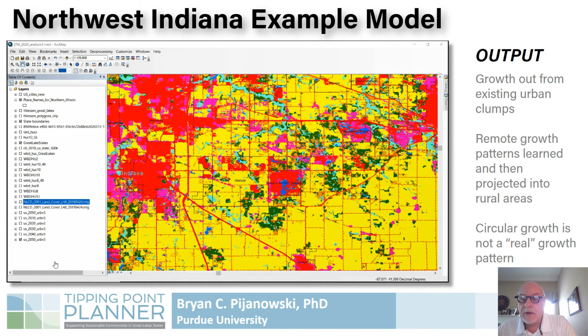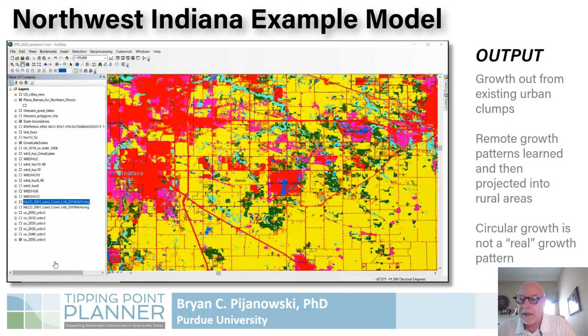So the neural network has learned about the spatial configurations of the drivers and the spatial patterns of change across this area and then projects it out into the future. So one of the things that you should notice here is that a lot of the projections are not the most realistic shape.